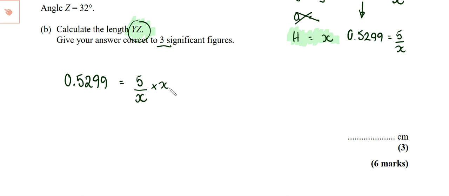Now you might think that doesn't get me straight to the correct answer, but is it mathematically sound? Is it something you should do? Okay, so timesing by x gets rid of my divide by x. Now, before we write that down, let's just consider your option of dividing by 5. Why do we do that? What would that do for me?